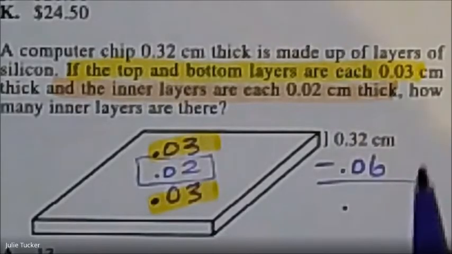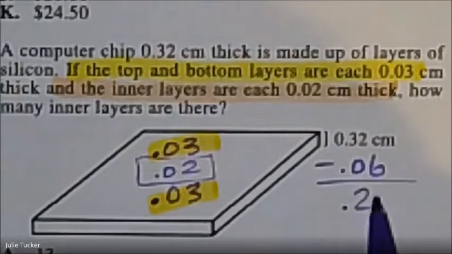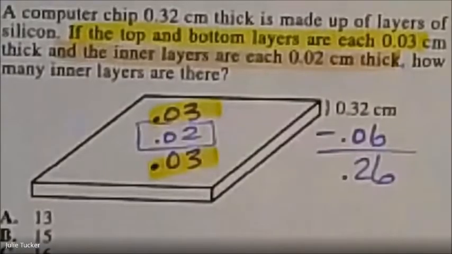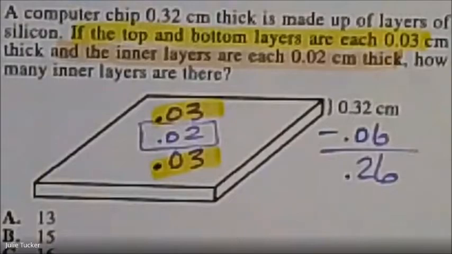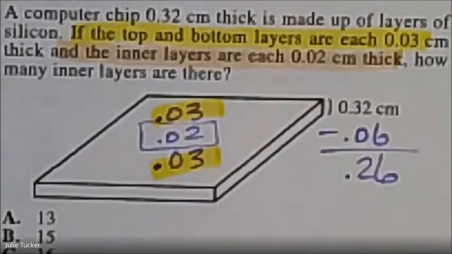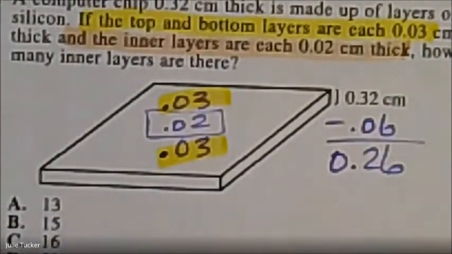Yeah. So what do I do? Good. So minus 0.06, and that gives me 0.26 left. So now what? Put it over 2? We gotta do the... Yes. What operation do we need to use?